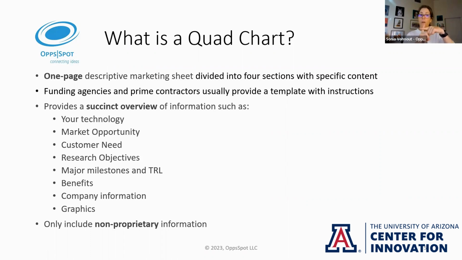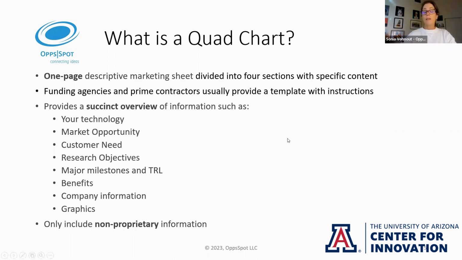And the information you put on each of the quadrants, and where you put the information, varies from agency to agency, but usually it's the same information, except when you're being asked to give an overview of your company versus an overview of your technology and what you're asking funds for.